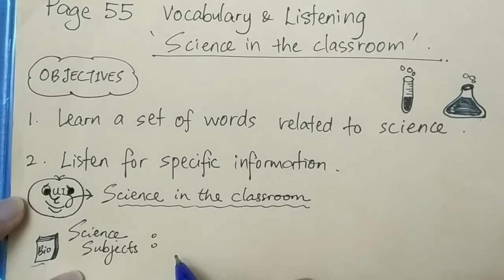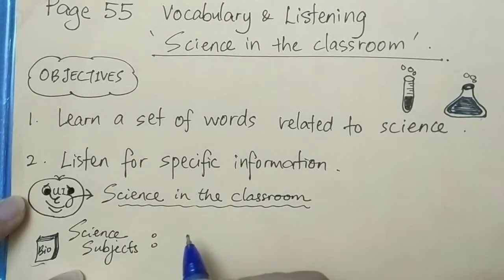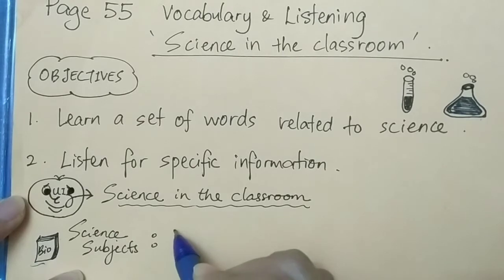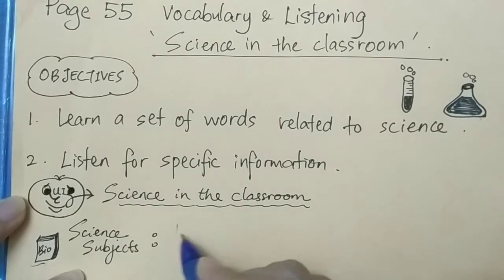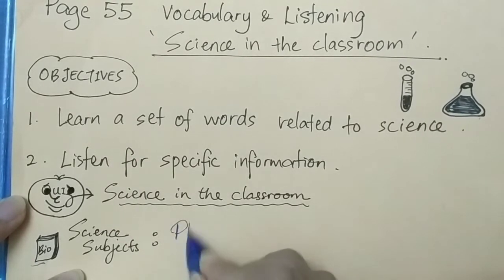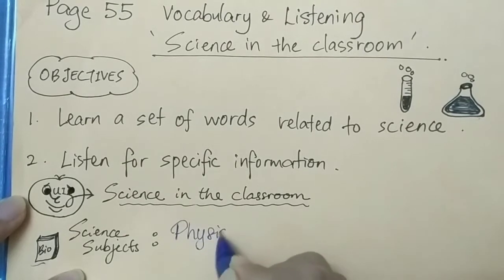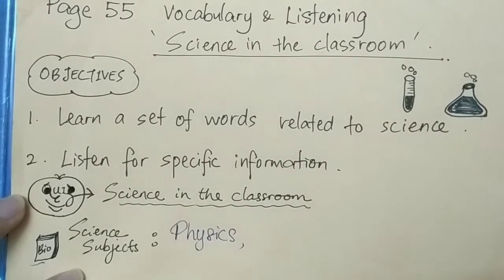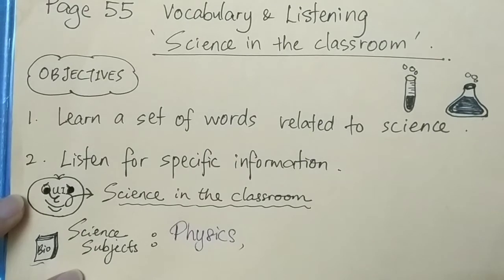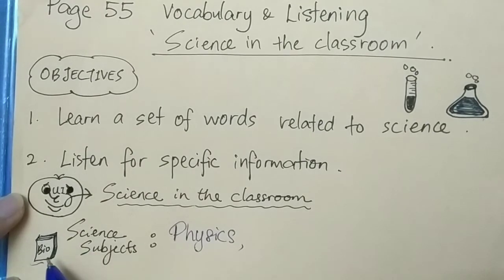As you go to Form 4, you need to study some science subjects. For the science class, the first one will be physics. The next one, what do you think? Here, as you can see, there's a BIO.